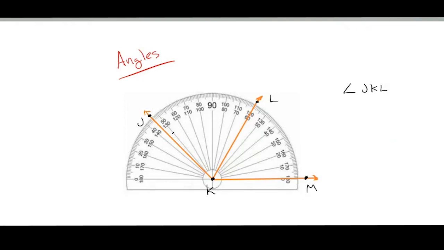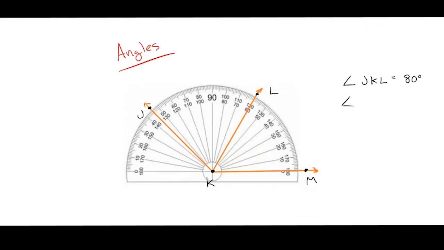So what is the measure from here to here? Looks like here I am at 140 degrees, and this angle here is at 60 degrees. So I will subtract 140 degrees minus 60 degrees, and the measure of angle JKL is 80 degrees.